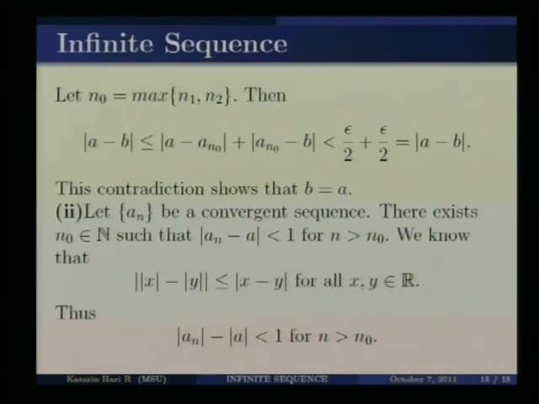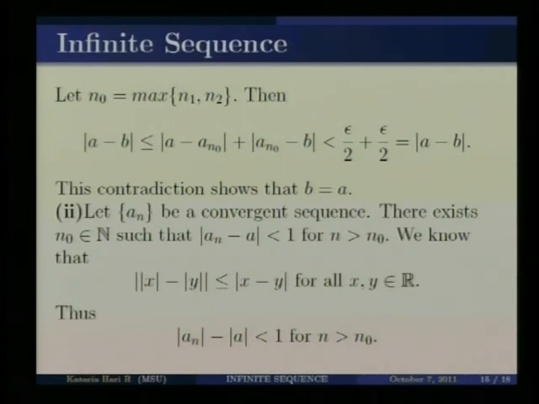So, this is nothing but mod a minus b, and this contradicts that mod a minus b is less than mod a minus b, and this contradiction is because of our wrong supposition that a is not equal to b, and therefore, we must have a equal to b. Once we have a equal to b, it is proved that the limit is unique if it exists.